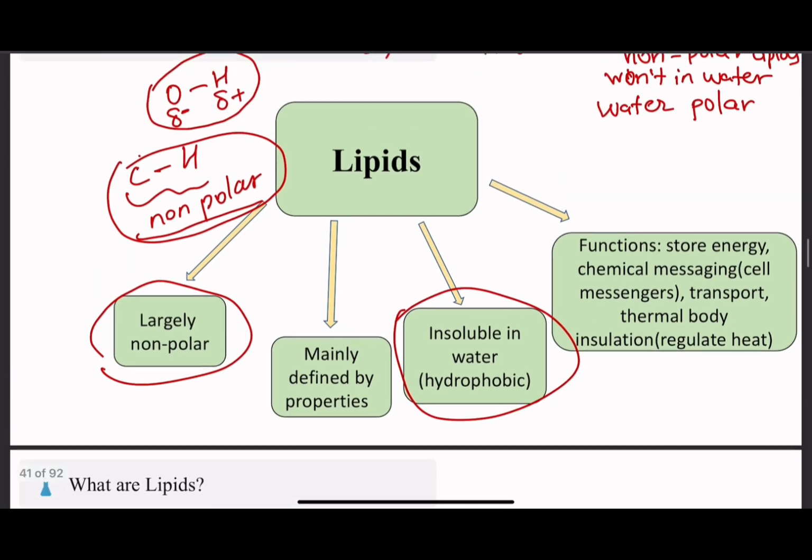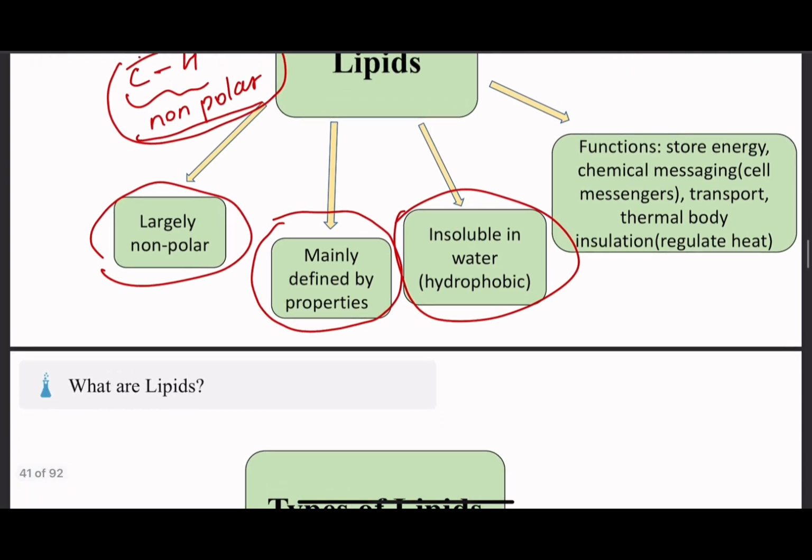Lipids are mainly defined by their properties, meaning that we will go through each type of lipid and discuss its properties. Also, they have the property of storing energy. They are used in chemical messaging, like cell messengers in our body. They do transport.